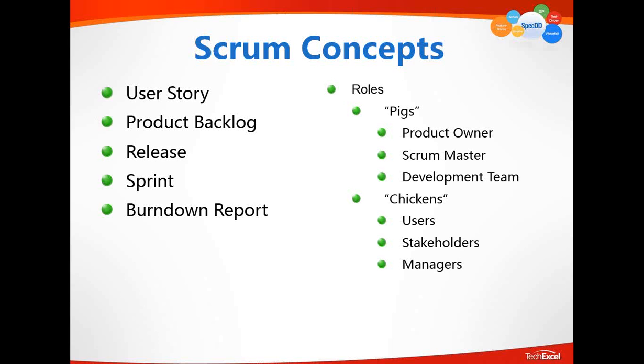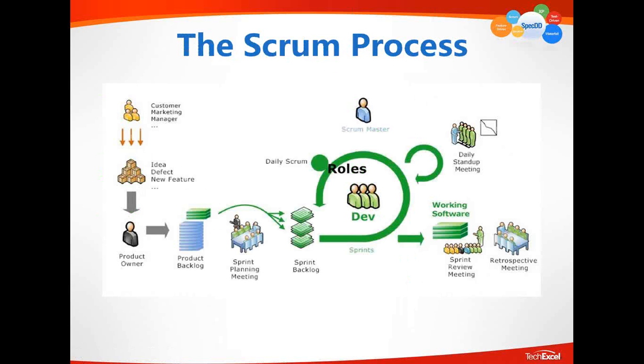In building a self-driving team for a Scrum process, we further use some of the artifacts and processes like the user story, the product backlog, a release concept, sprint, and a burndown report. So here is a diagram.